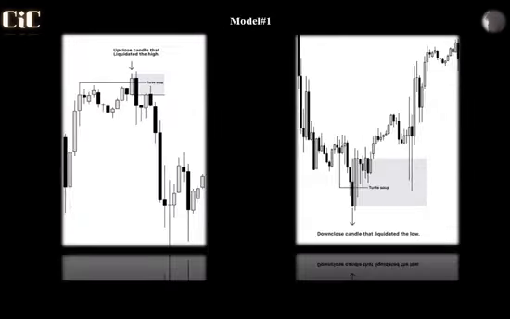Now what's happening in model number 1, it's not just a pattern. It's the market makers pushing price, enticing new orders and new liquidity into the market, right? Because that's how they generate interest in the markets, by pushing price higher or lower, enticing dumb money to get excited and participate in a trade in the false direction.